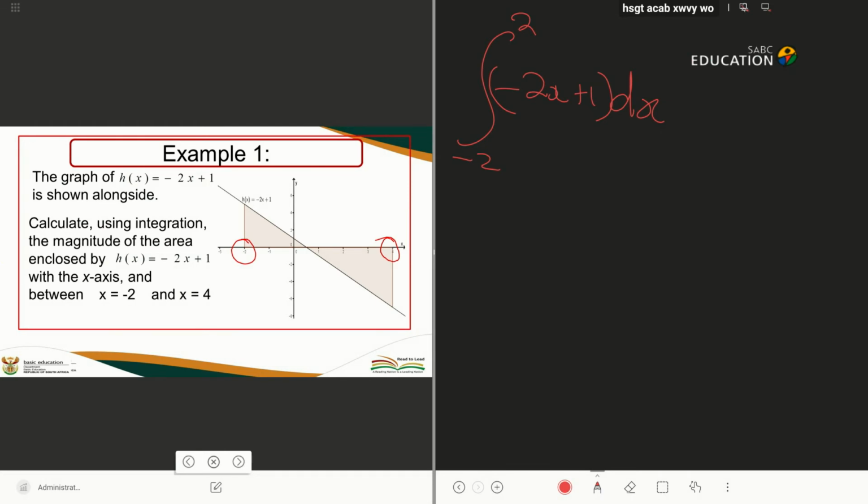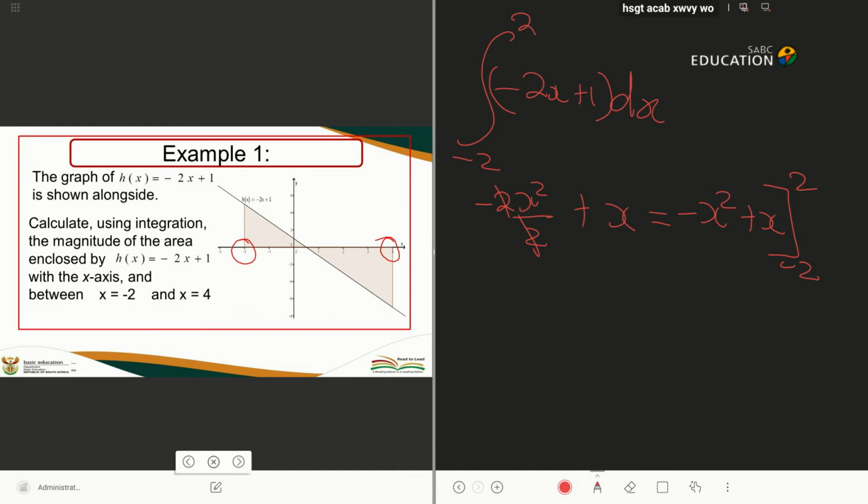Then this will be negative 2 as a constant, x squared divided by 2 plus x, wherein this and this will cancel. Then you remain only with negative x squared plus x, but this should be evaluated from negative 2 to 2.